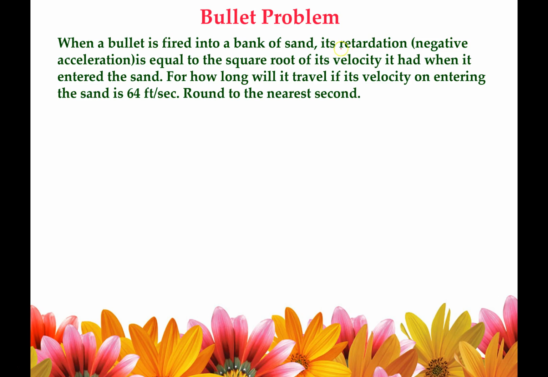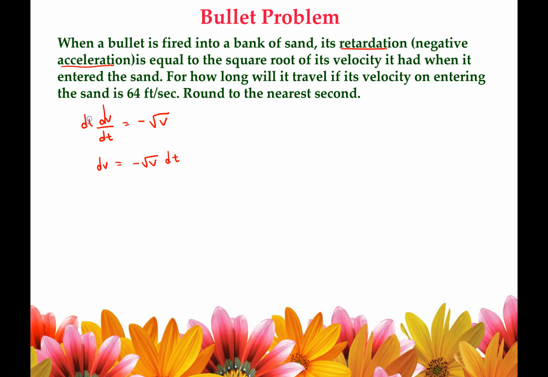We're told that the retardation, the acceleration, which I call dv/dt, is equal to the negative square root of velocity. I'm going to multiply by dt on both sides. That gives me dv equals negative root v dt.